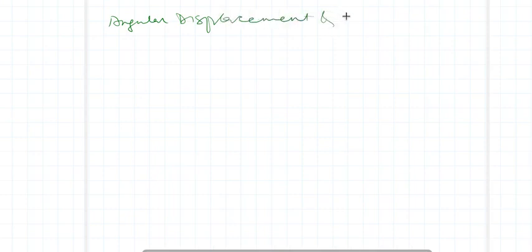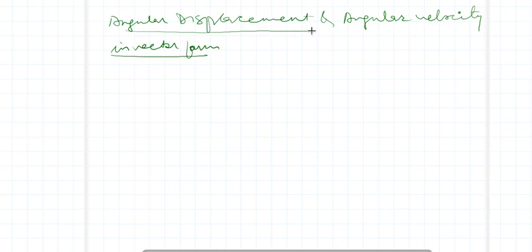So now I will talk about angular displacement and angular velocity in vector form. So let us draw another diagram.